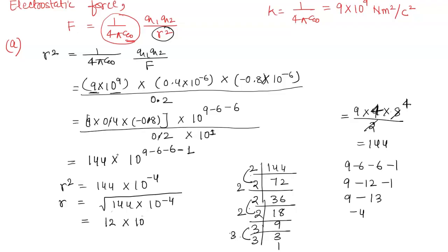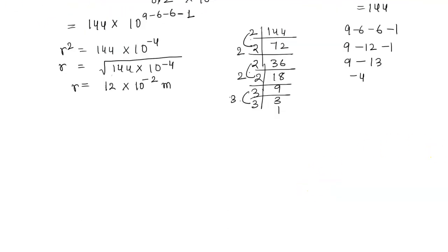This is the value of distance r, with the unit in meters. So r equals 12 into 1 upon 10 to the power minus 2... 12 upon 100, which is 0.12 meters.